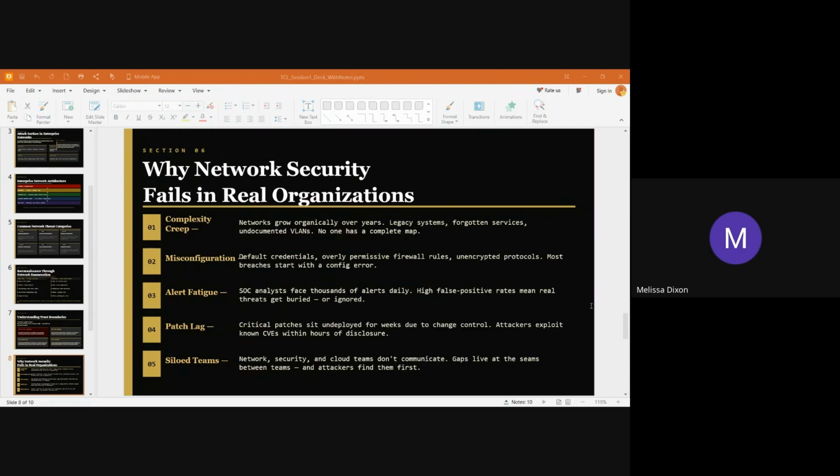And then we have alert fatigue, which is where SOC analysts face thousands of alerts daily, and high false positive rates mean real threats get buried or ignored. It's just, again, human error. Humans are only humans, right?